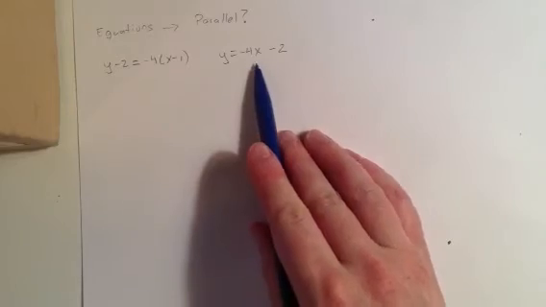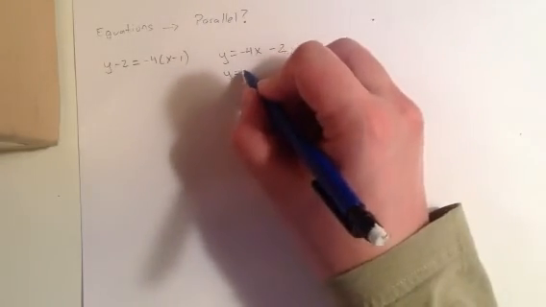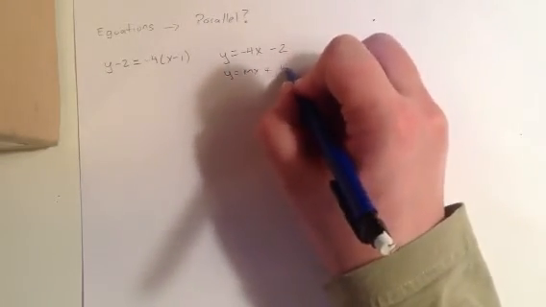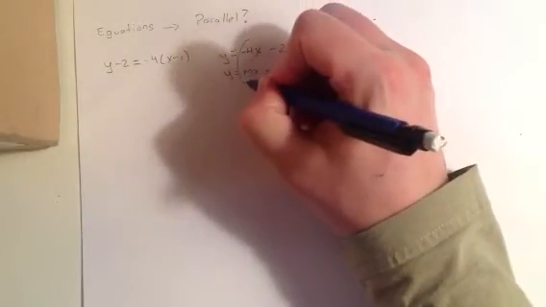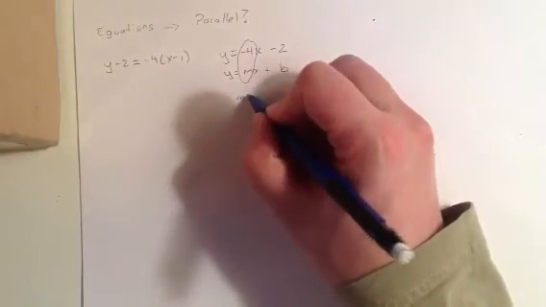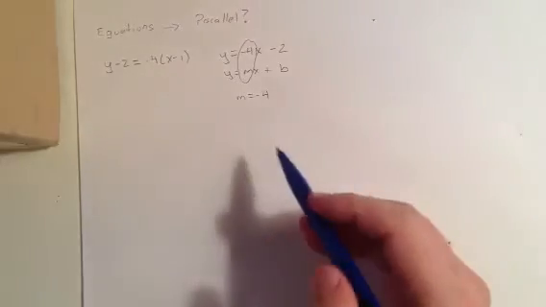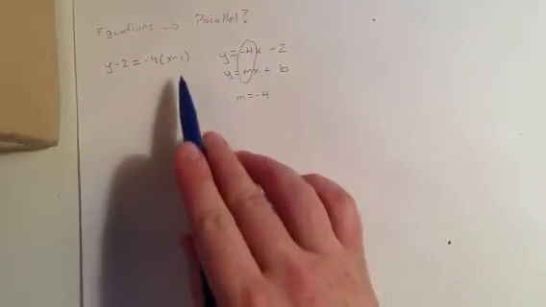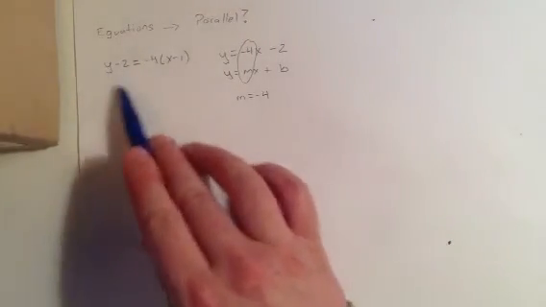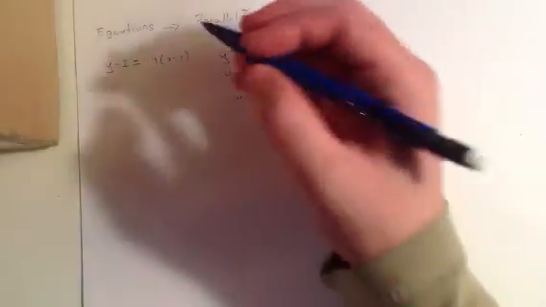Well, this equation here is already in y equals mx plus b form, so I can immediately identify the slope. So my slope is -4. I don't know what this line is, what its slope is, because it's not in the right form, so I need to make it so.